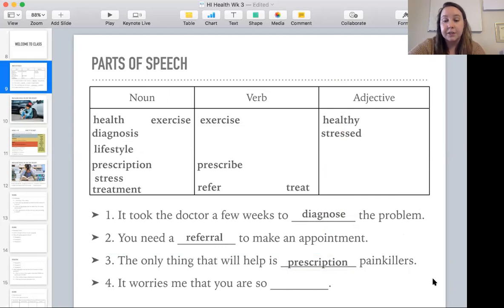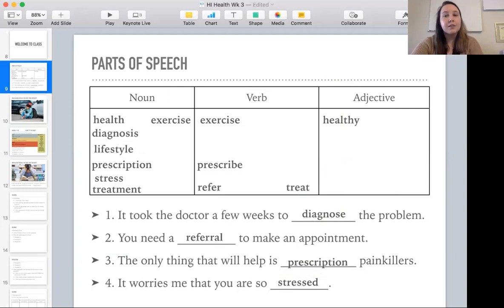Number 4, it worries me that you are so blank. When we are describing someone, we're using adjectives. Worry is negative, so we look for a negative adjective, stressed. It worries me that you are so stressed.